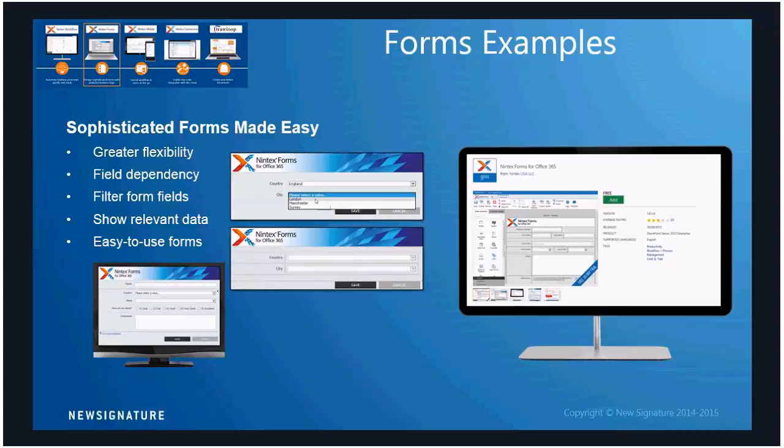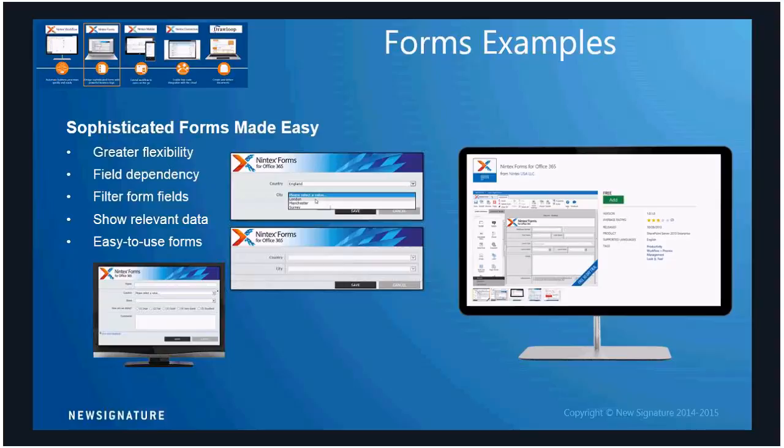They have field dependency, meaning I could actually cascade information. In fact, if you look at the box right under where it says made easy, you can see that city is actually showing up based upon the individual country that was selected. That's what we call field dependency based upon another field's contents.